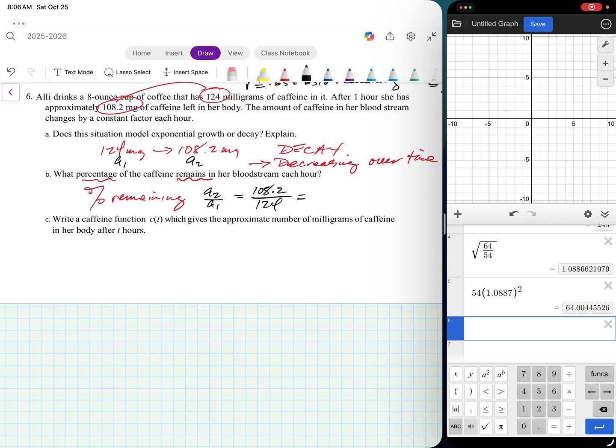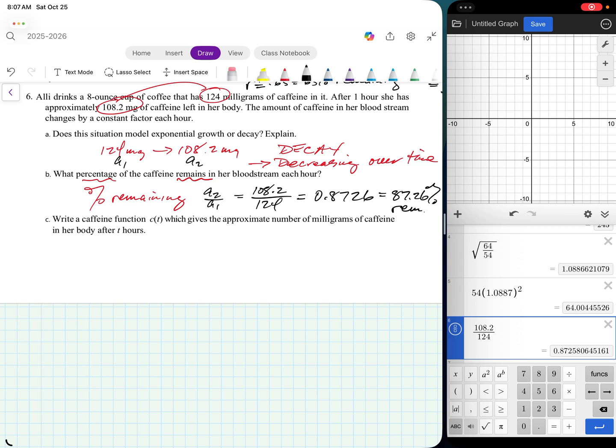That's why you should always be in split screen or have your TI-84 next to you, so you can do the calculations easily like I'm showing here. That's 0.873. Actually, let's take 4 digits because I have to change it to a percentage. So 0.8726, and that's 87.26% remaining.